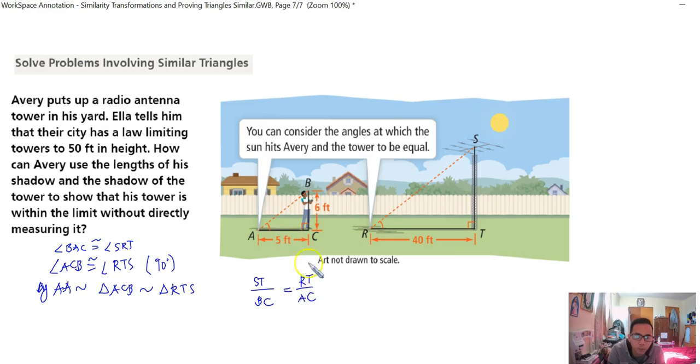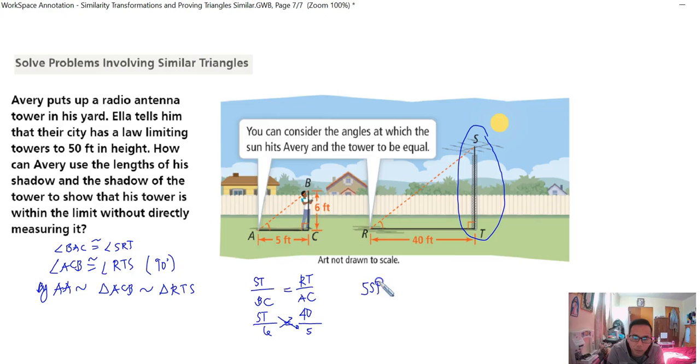Because we are looking at the height of the tower ST, that's unknown. So ST over BC, BC is 6, is equal now to RT, which is 40, over AC, which is 5. And then, of course, we cross multiply this.